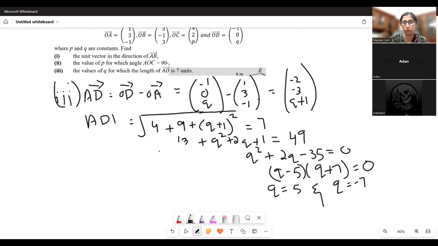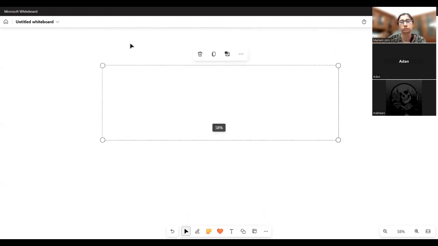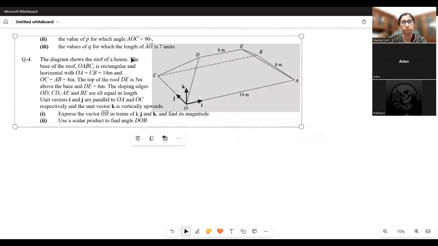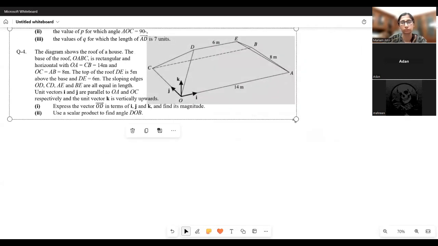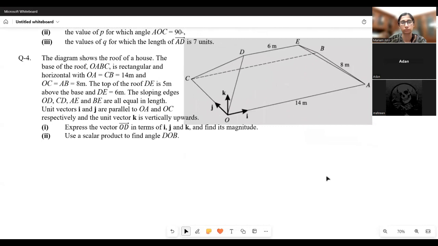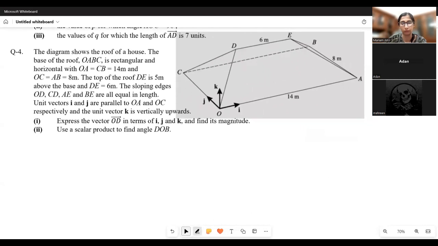Now let's do question 4. The diagram shows the roof of a house.